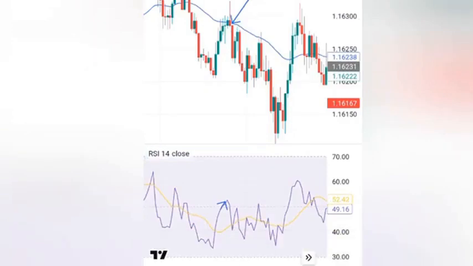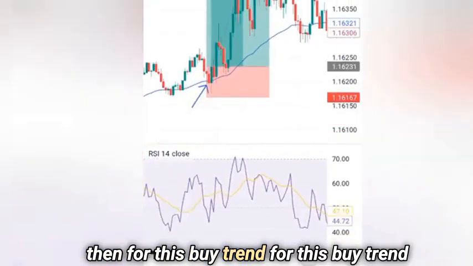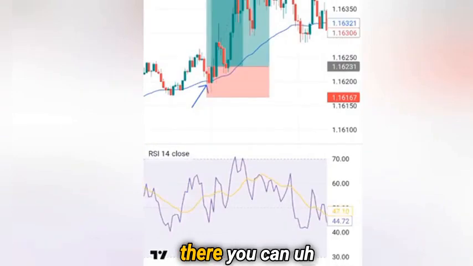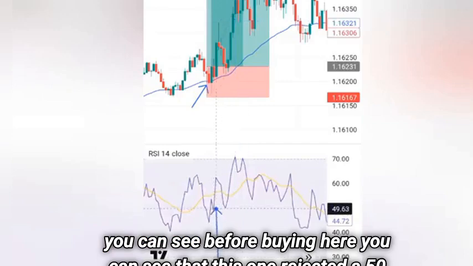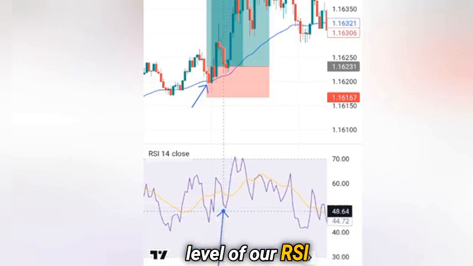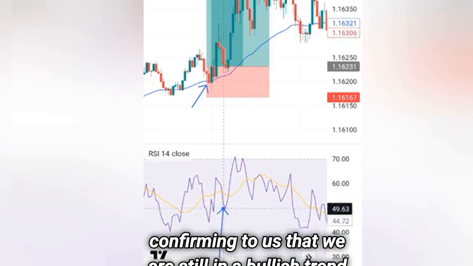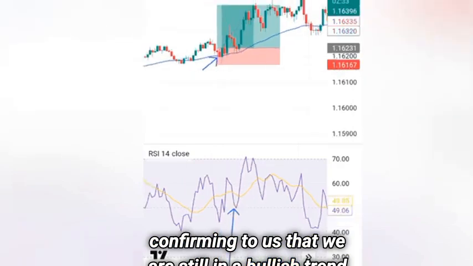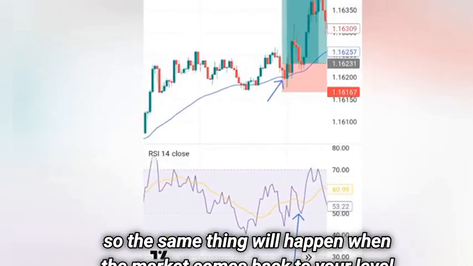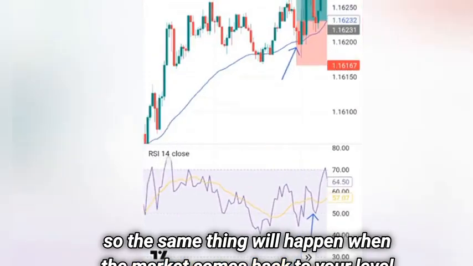Okay. Then for this buy trend, you can see that before buying here, this one rejected the 50 level of our RSI, confirming to us that we are still in the bullish trend. So the same thing will happen when the market comes back to your level.